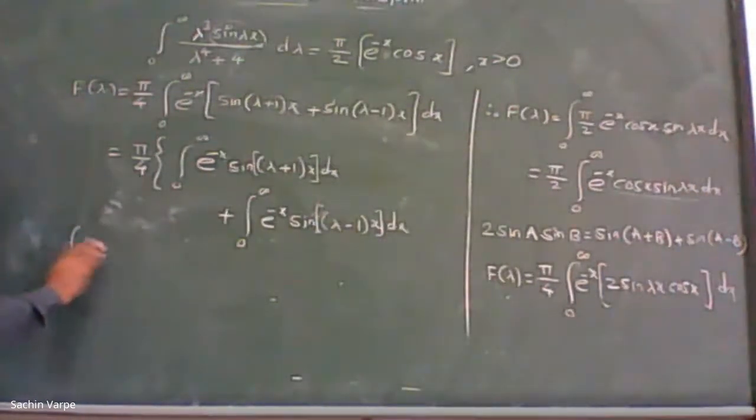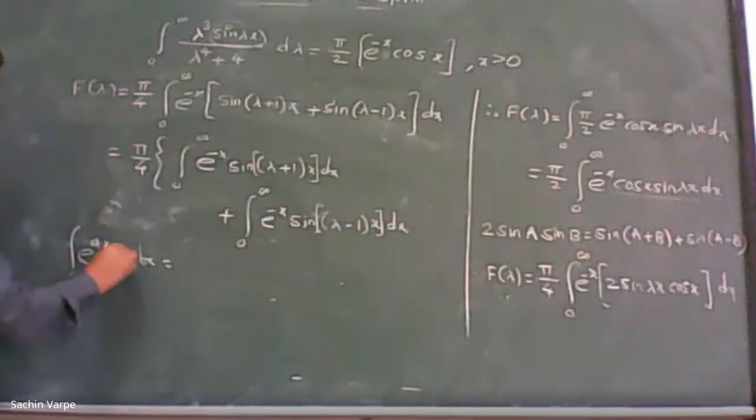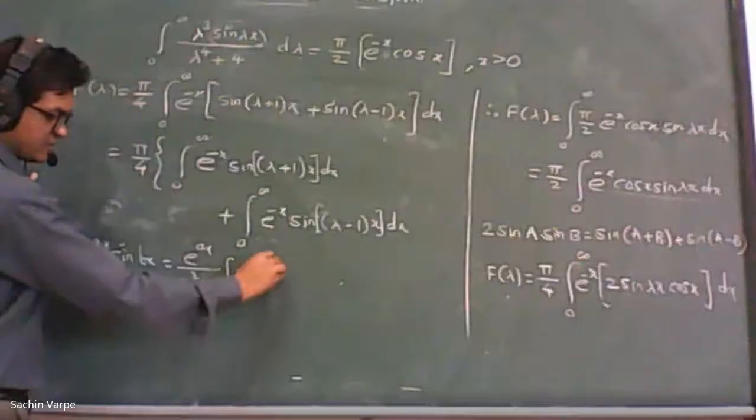Integral of e raised to ax sine bx is equal to e raised to ax upon a square plus b square, into a sine bx minus b cos bx.